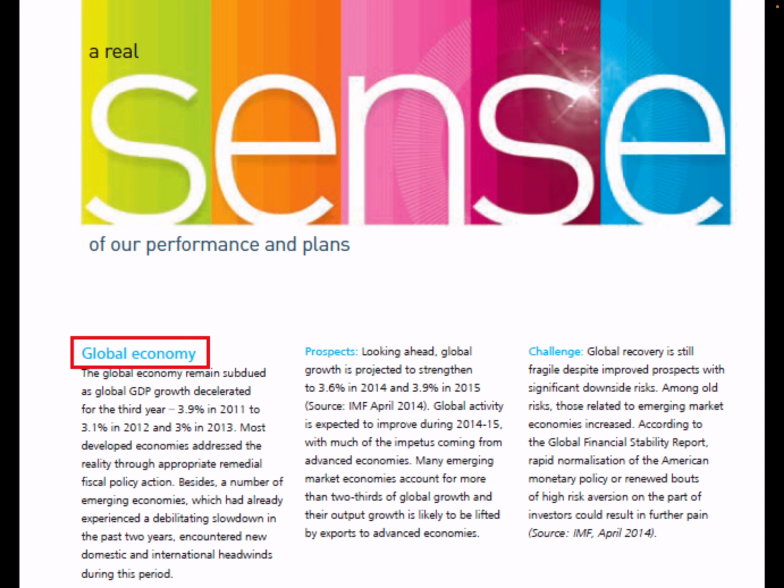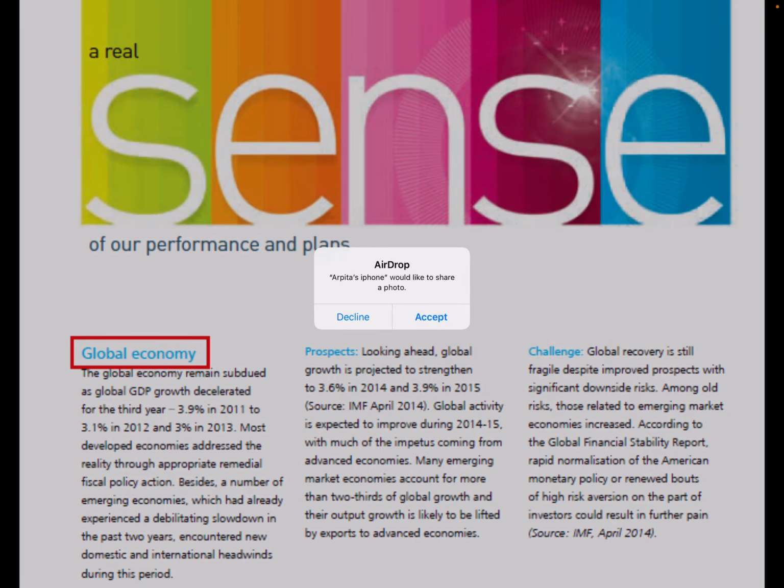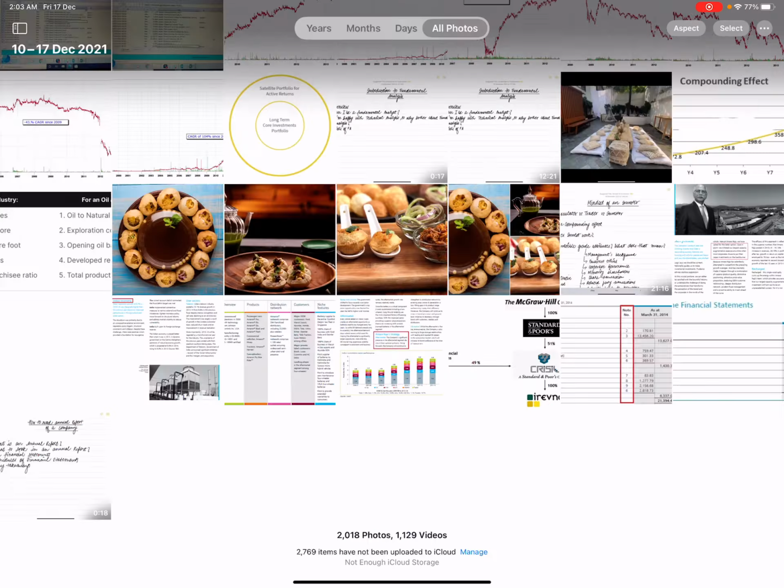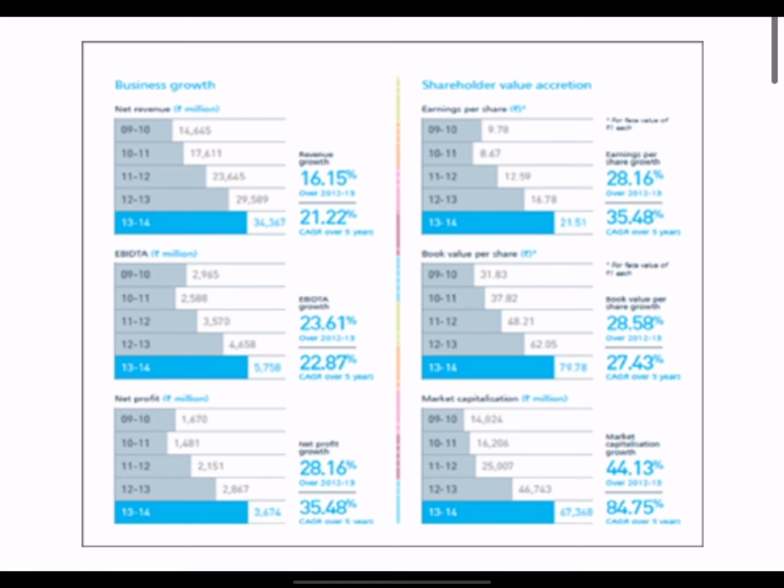I'll just share this and we can learn through this. So here is the chart that we got. So you can see this chart.